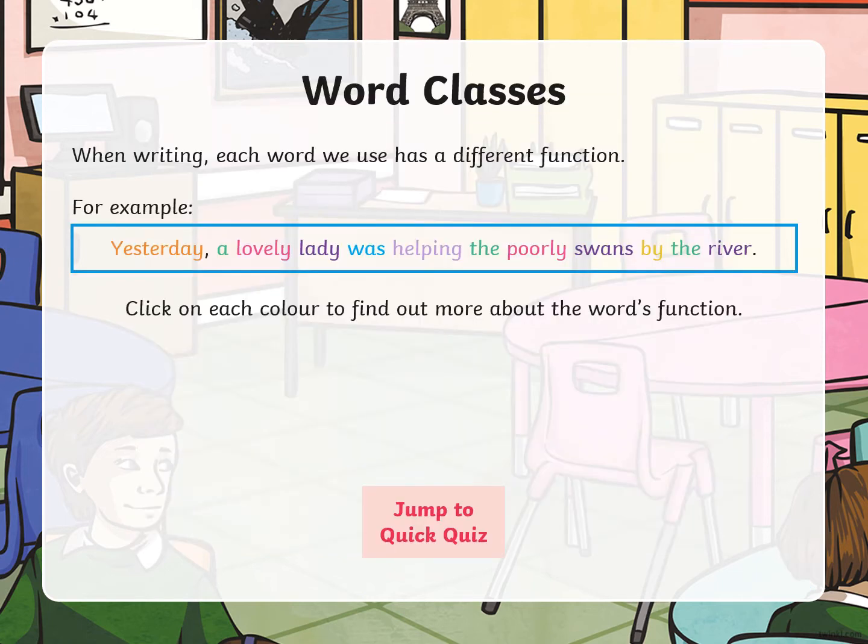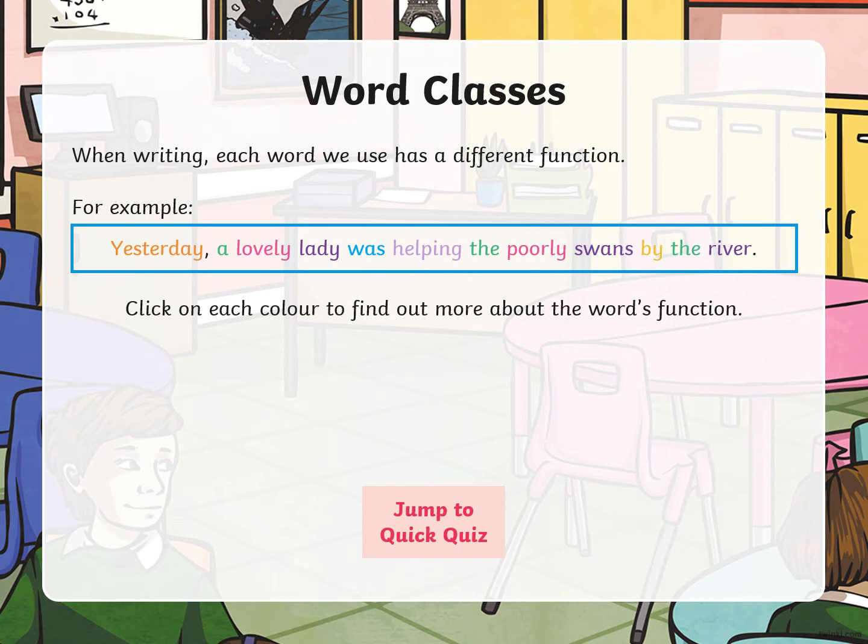So when we're writing, each word we use has a different function. For example, we've got a sentence here, and every word can be put into its own word class. So we've got: Yesterday, a lovely lady was helping the poorly swans by the river.